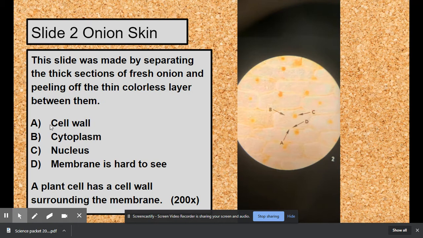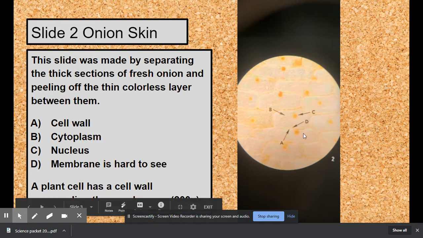If you look real closely at letter A, you can see the cell wall. Okay, and then letter B, this would be the cytoplasm. There's your nucleus, the circle that's in the middle there.